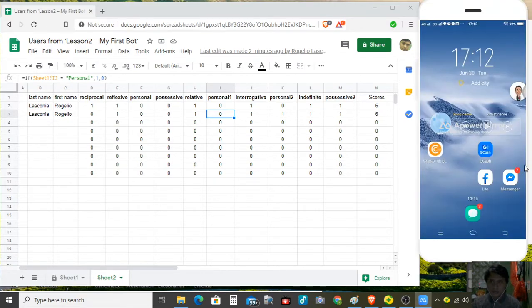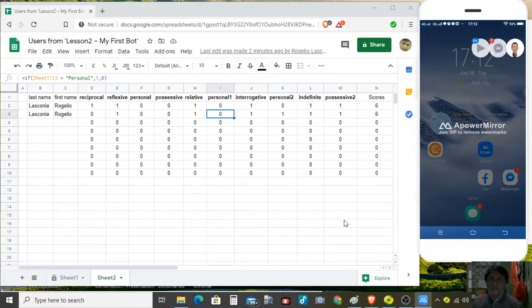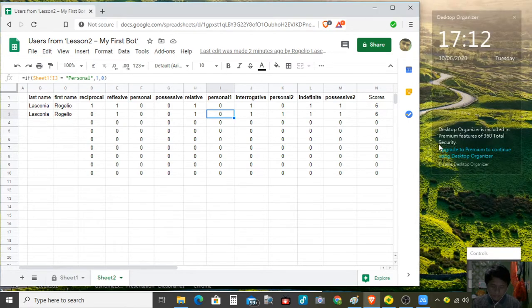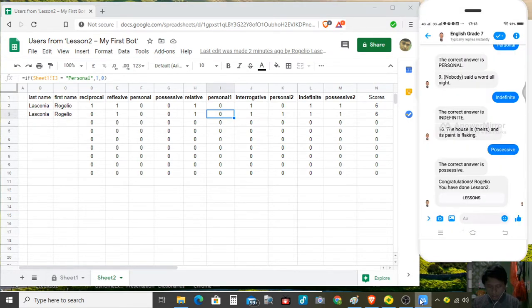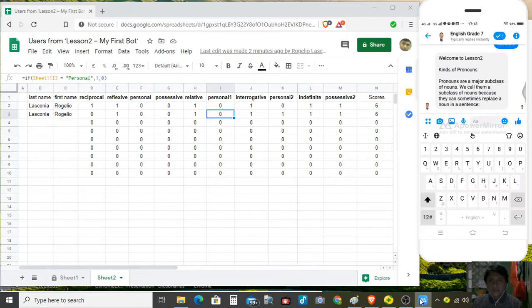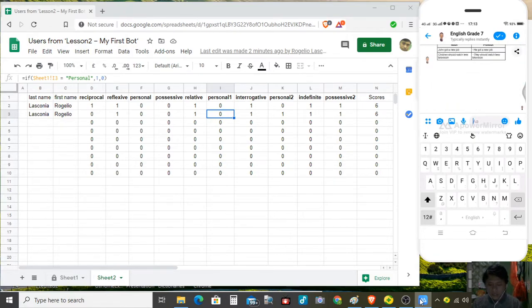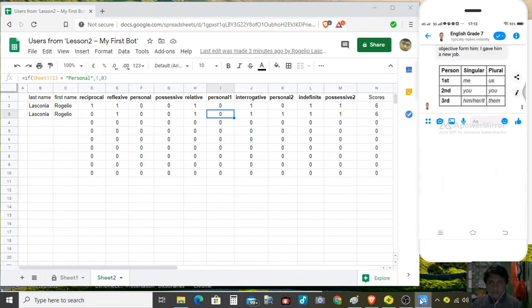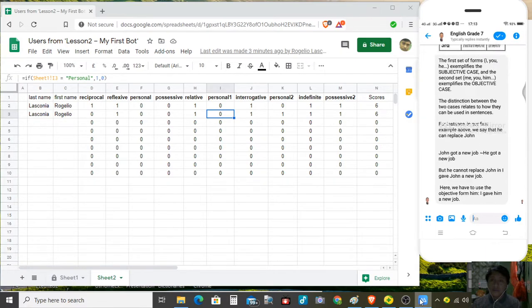Okay, so we go back to our Teacherbot. Let us type again lesson 2. Let us assume another student. Okay, let us wait for all the lessons to be loaded. The Teacherbot, then other pronouns.